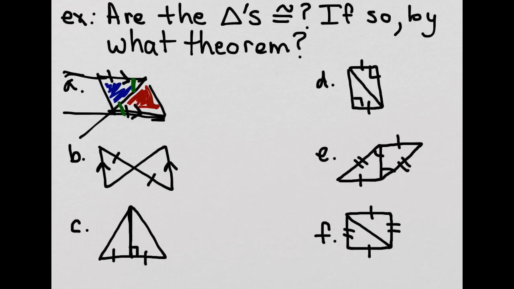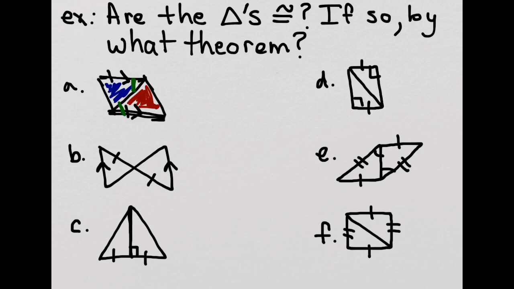Let me erase these extra lines so we can look at our original picture. Okay, so we've got one pair of angles, we have one pair of sides, those are the black tick marks, and then we also have one more pair of sides. They're not marked anywhere, they're the ones that the blue triangle and the red triangle share.